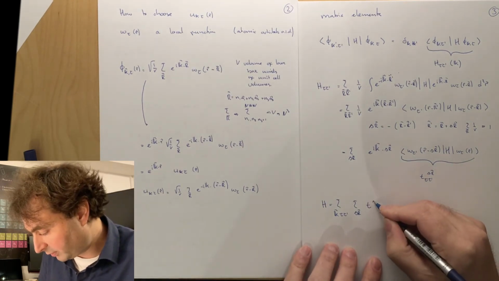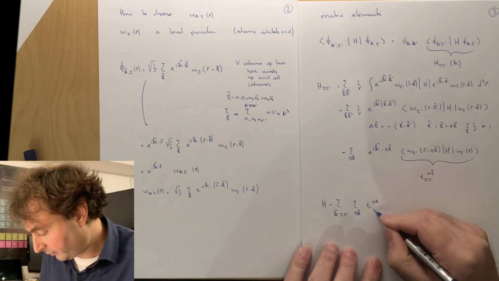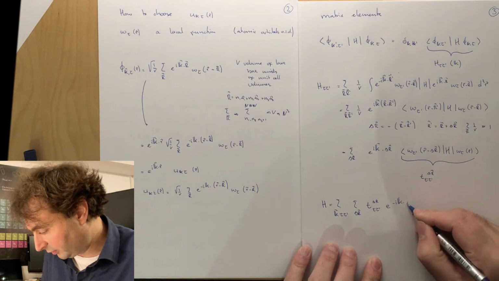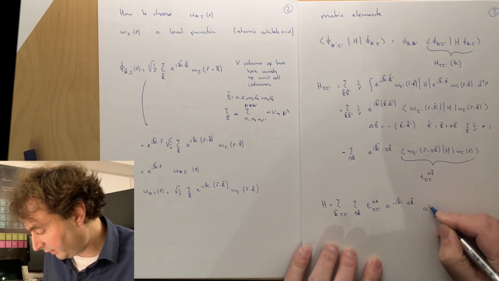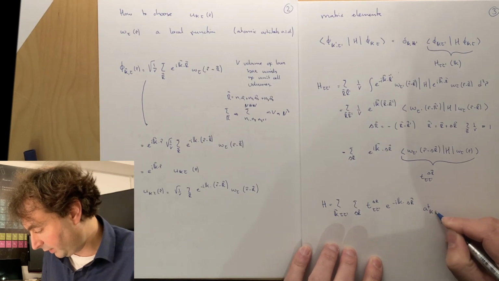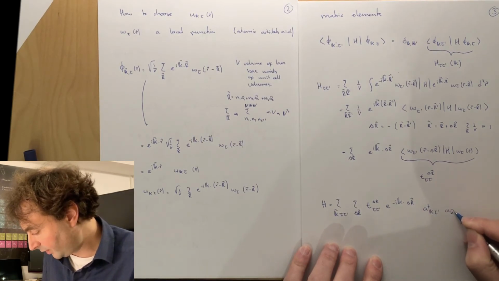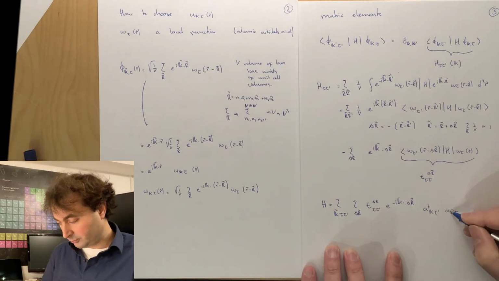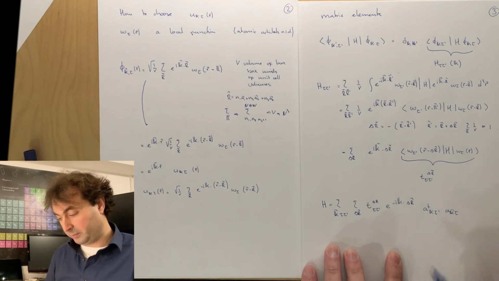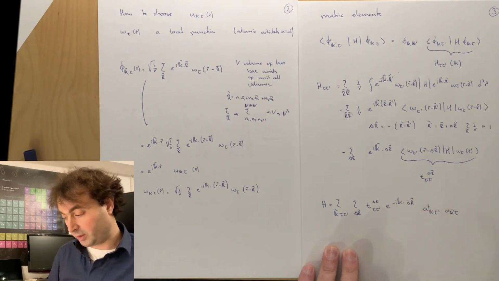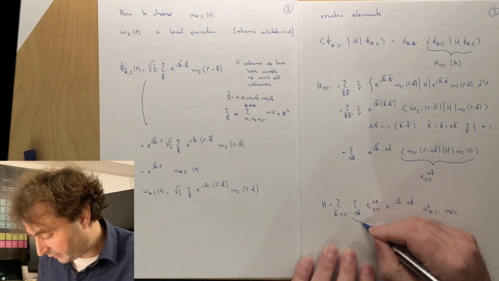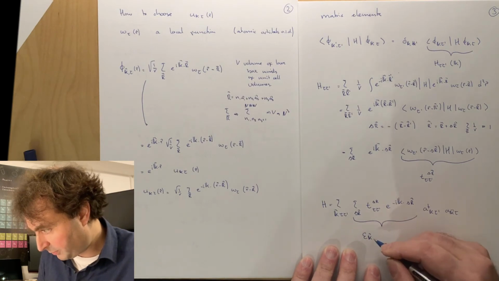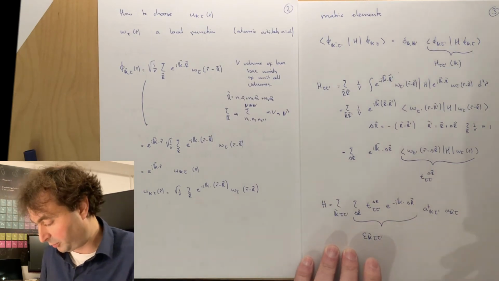Then we have the hopping constant t of delta r going from tau to tau prime, e to the minus i k dot delta r, and then a dagger k tau prime a k tau. So we hop from orbital tau to tau prime, and we have a Fourier transform of the hopping in real space. And what we have here is actually the epsilon k tau tau prime.